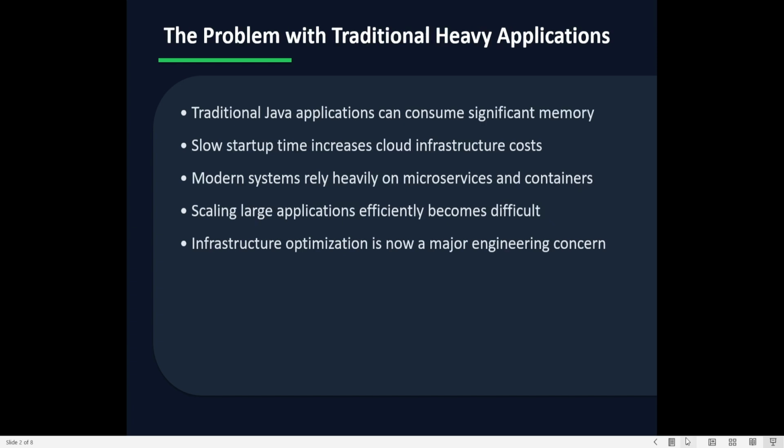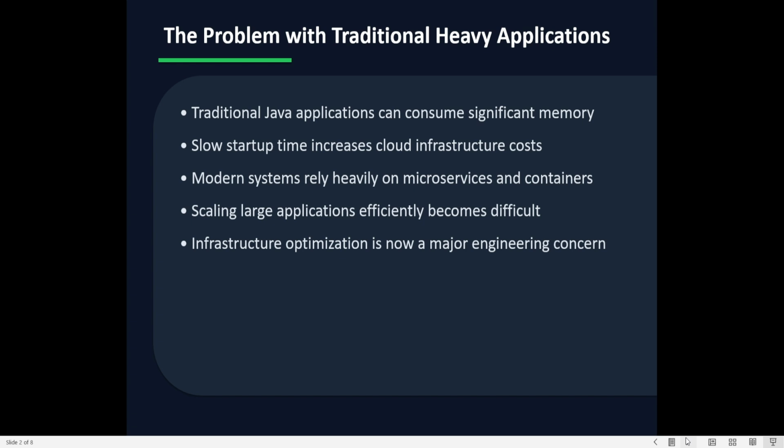And what is the actual problem? Traditional Java applications are extremely powerful and they are still widely used today. But many older systems, as we all know, were designed before these cloud native infrastructures became very dominant. So modern systems are now heavily deployed on containers and use a lot of microservices.